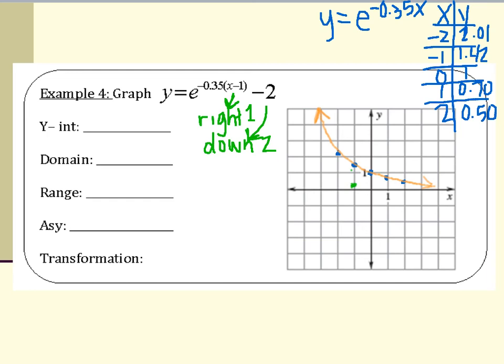If I take my next point and go right 1 and down 2, it'd put me right about here. This next point is my y-intercept. So I'm going to change my y-intercept because now it's not a y-intercept. We're going to call it our starting point.